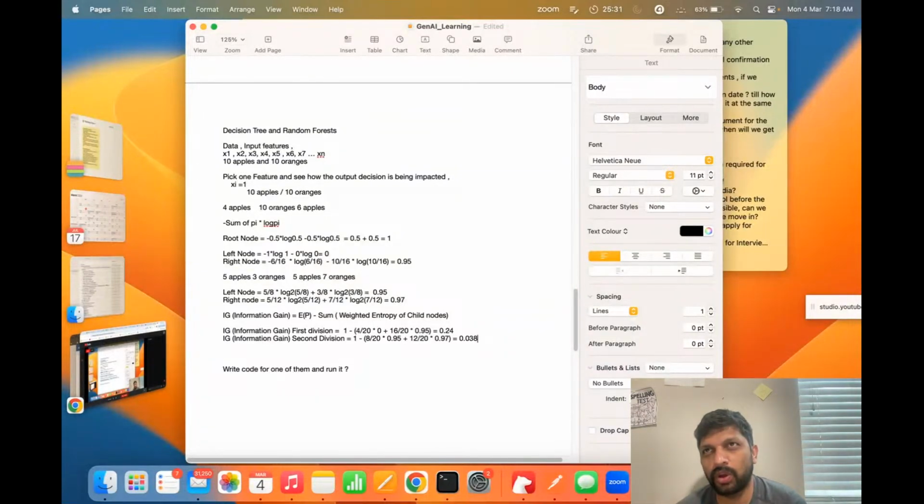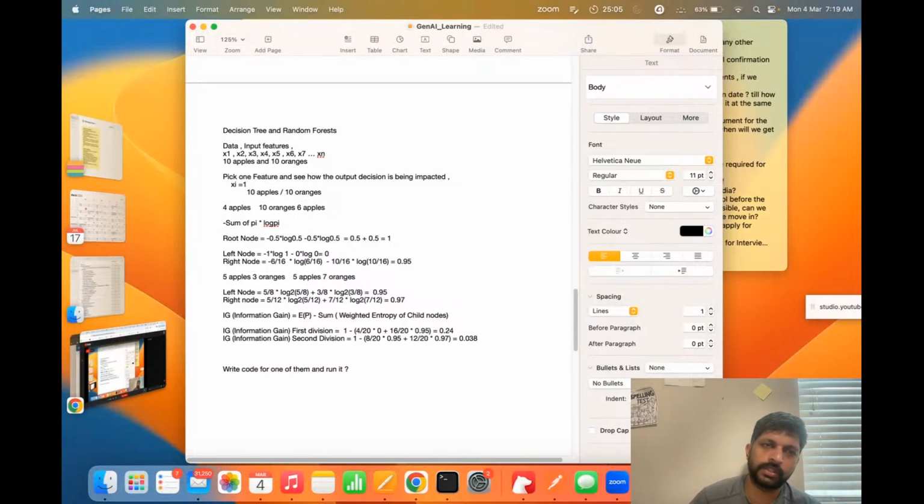In order to decide which root node, which split is the right split to go with, we calculate the error, same as in logistic regression for classification, through entropy, right?